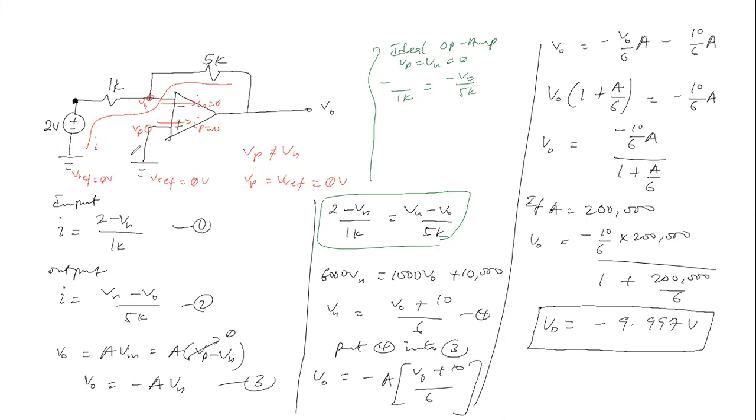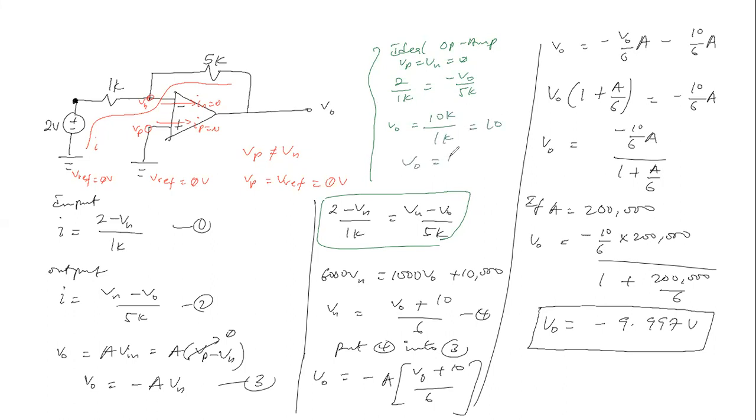So that reduces to 2 over 1k equal to negative V naught over 5k, so V naught will be 5 times 2, which is 10k, divided by 1k, which is equal to 10.